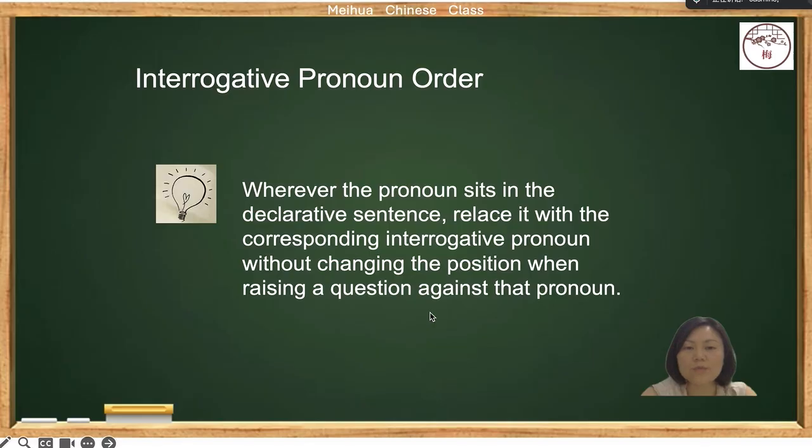This is a very important grammar rule in Chinese, and I think it makes sense, quite simple. You don't bother to change the order, and accordingly change the order for the verbs, for the subject, or for the object. Quite simple, okay?